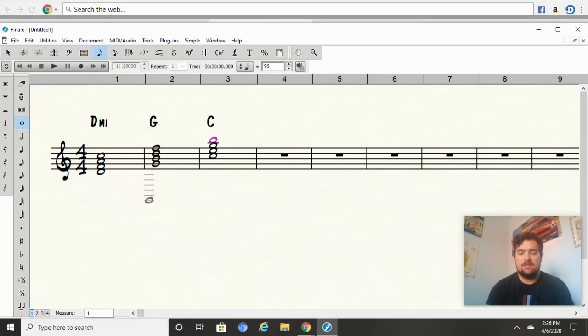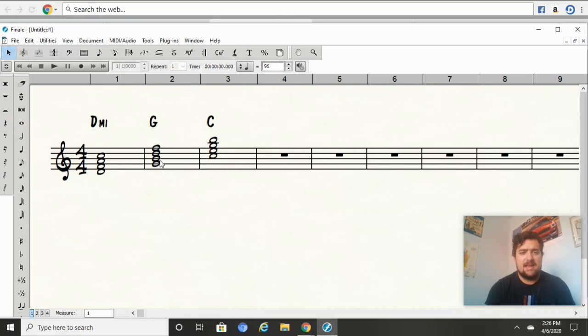So let me give you some advanced tips on the voice leading that happens here normally. The biggest two notes that you really want to think about are specifically in this G7 chord here.